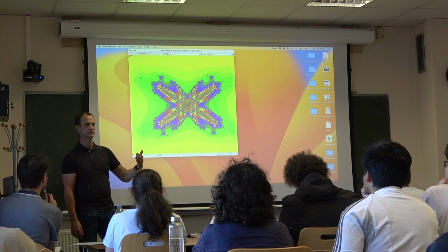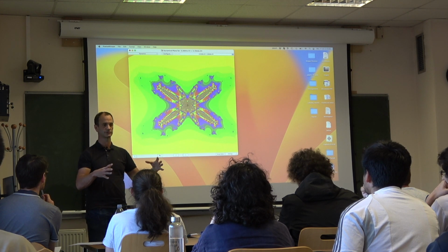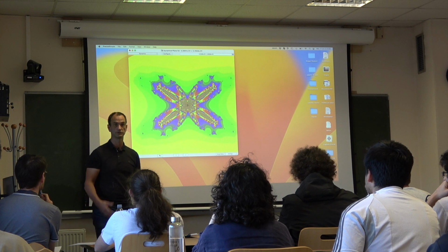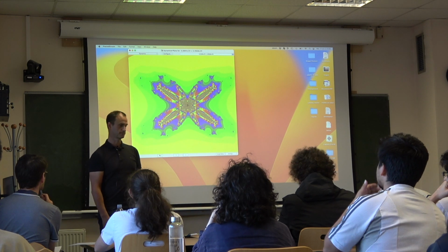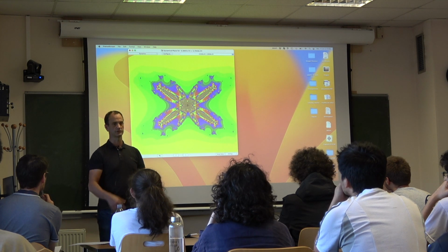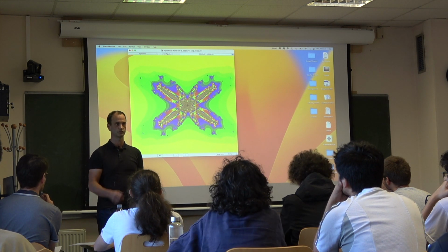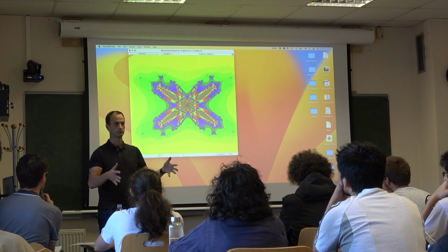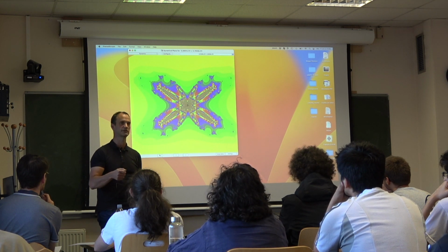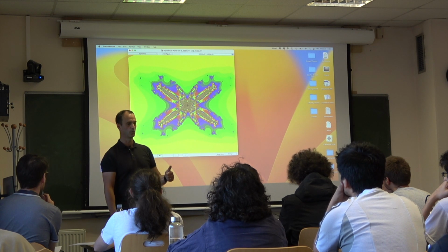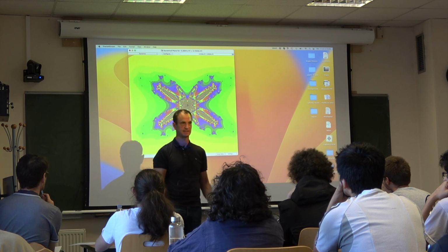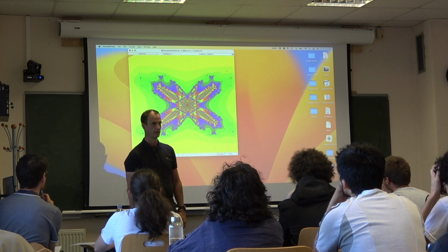For example, I ask whether the orbit remains in a ball of radius 10 or whether it goes out of the ball of radius 10. Because I'm in C2, if one of the coordinates has a modulus bigger than 10, then I will put a color: if it goes out of this ball in one step, I will draw in yellow, in 2 steps in green, in 3 steps in blue, and so on.